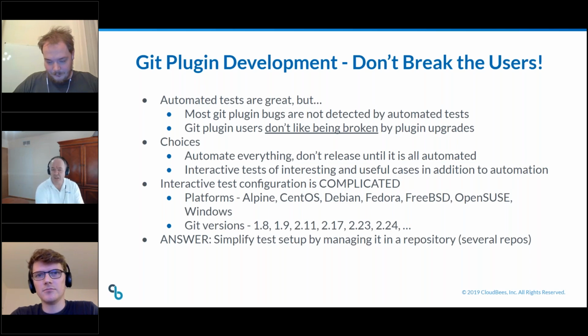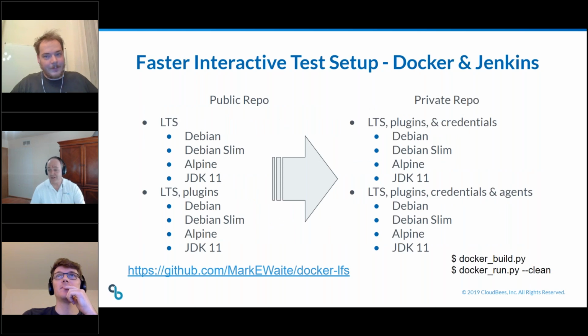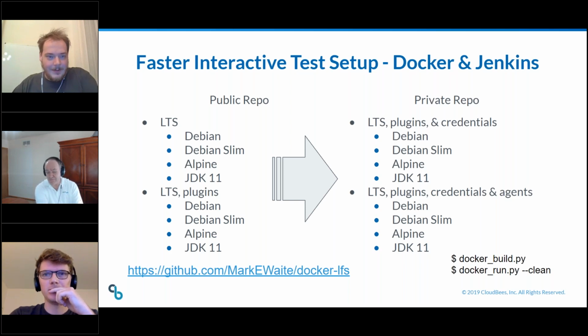I'm going to run configurations tracked in Jenkins. What I did was create a repository that records the long-term support version, and another branch of it that does long-term support plus plugins, another branch that adds credentials, and another one that adds agents. With that set, I now have a very simple command to do Docker build and then Docker run.